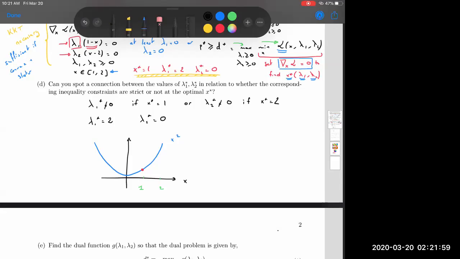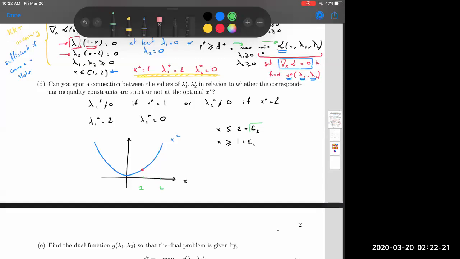If I say x is smaller than 2 plus epsilon and x is greater than 1 plus epsilon, so epsilon 2 here, epsilon 1 here.